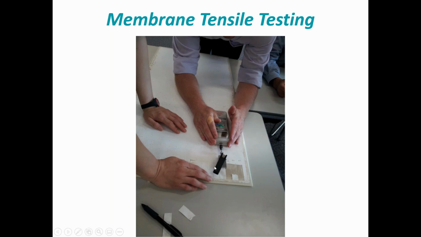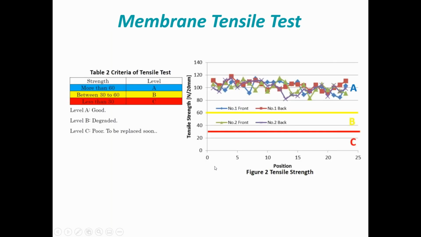So we have a test called membrane tensile strength testing. We pull off the membrane sheet and compare the strength of this pulling to a new membrane. If the strength is less than like 40% of the new membrane, it's time to replace. If the strength is between 40 to 60%, it's time to start budgeting.